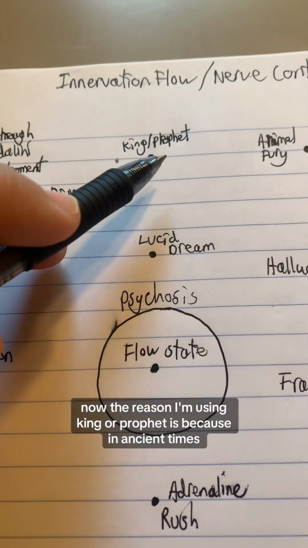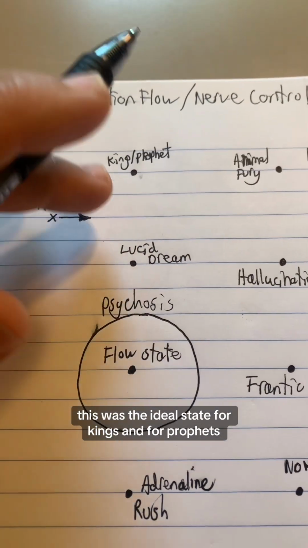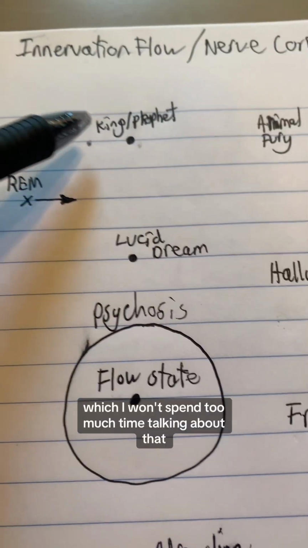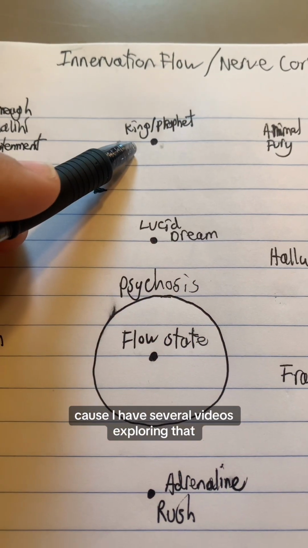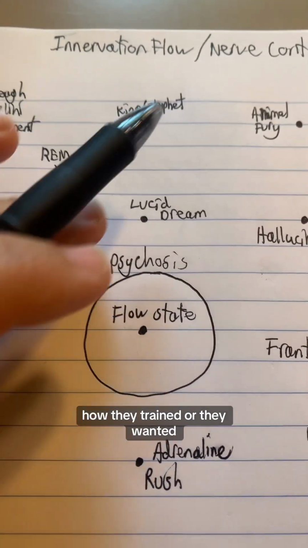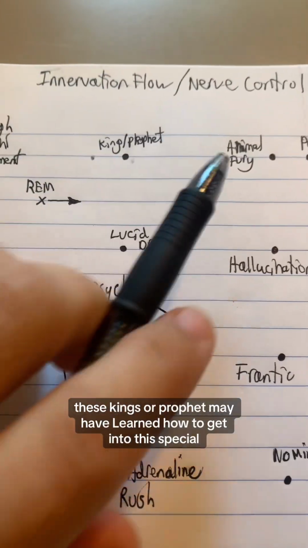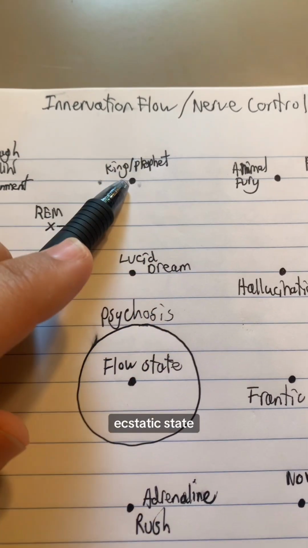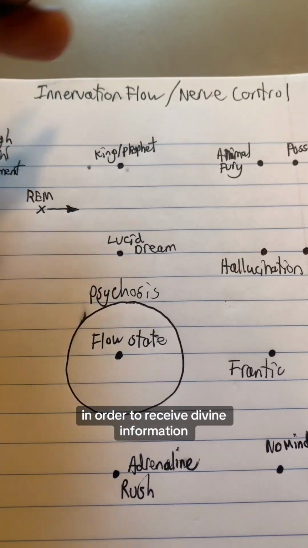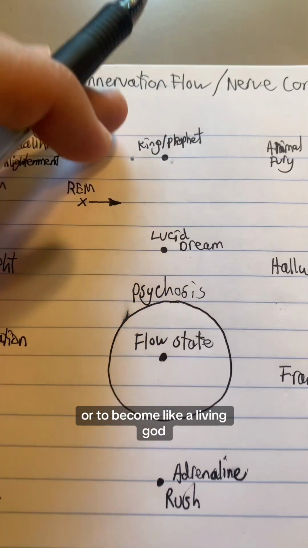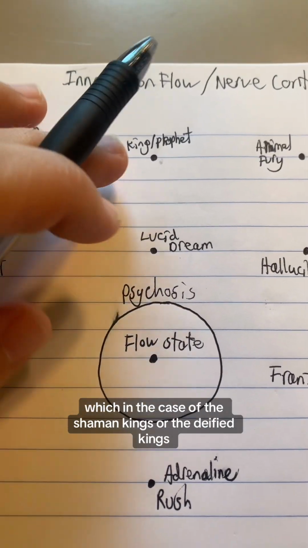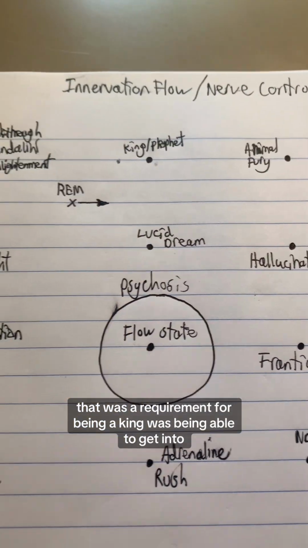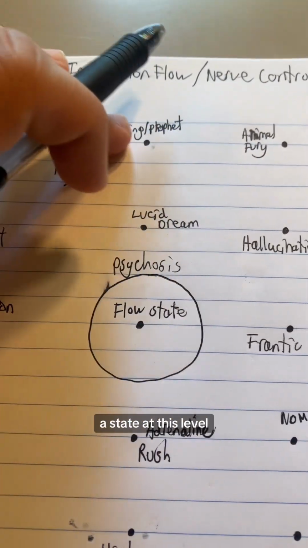Now, the reason I'm using king or prophet is because in ancient times, this was the ideal state for kings and for prophets, which I won't spend too much time talking about because I have several videos exploring that, how they trained or they wanted these kings or prophet may have learned how to get into this special ecstatic state in order to receive divine information or to become like a living god, which in the case of the shaman kings or the deified kings, that was a requirement for being a king, was being able to get into a state at this level.